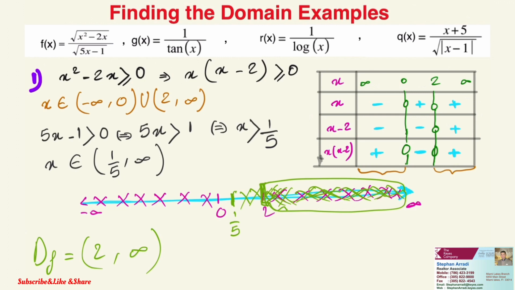The reason is that we have many restrictions: a restriction on the top and a restriction on the bottom, and the answer is where they are combined, where both of them are defined. It has to be this part here, no more. It can't be this or this, because of the many restrictions. You have to know where both of them are defined. So this is the domain for the first one. Now let's find the domain for the second one.